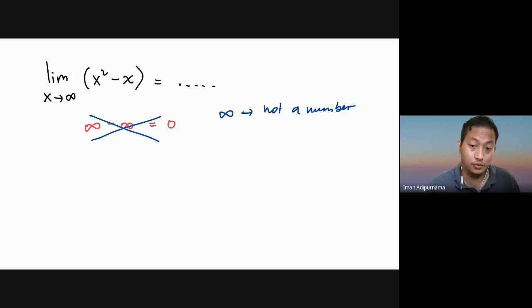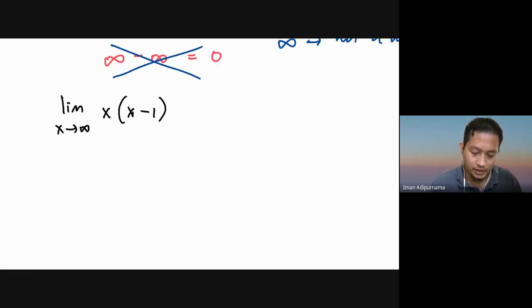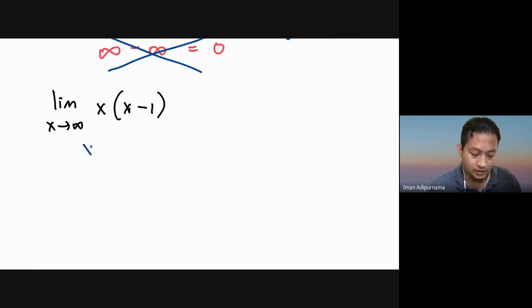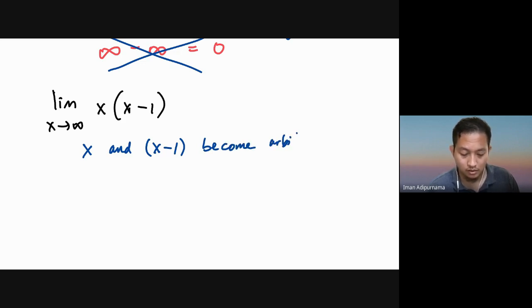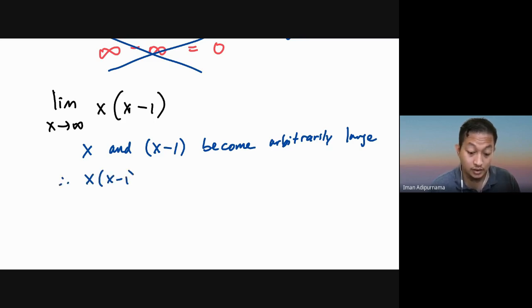So how do we deal with the question? We can factorize the terms like this. And we can argue that x and x minus 1 become arbitrarily large, really large, and in conclusion x minus 1 becomes large too.